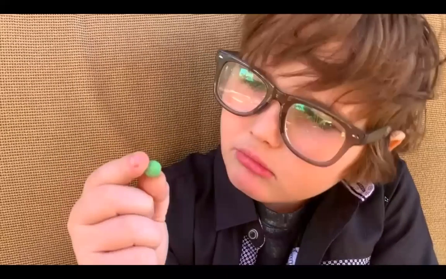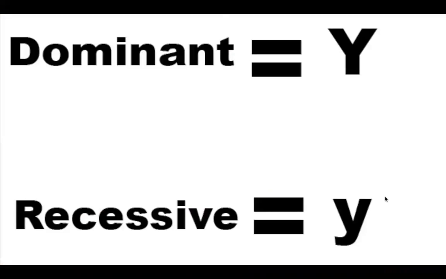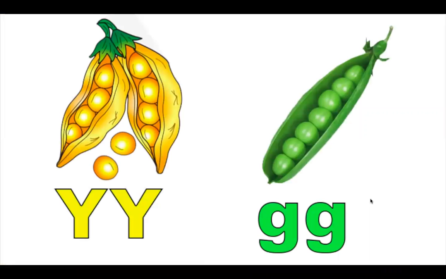To help you understand this, we can use a Punnett square. In a Punnett square, a dominant trait is shown as an uppercase letter, while a recessive is lowercase. In Gregor Mendel's study, the yellow pea plant had 2 dominant yellow-colored traits, so in this graph, it is known as uppercase YY. The green plant had 2 recessive green-colored traits, so in the graph, it is known as lowercase gg.